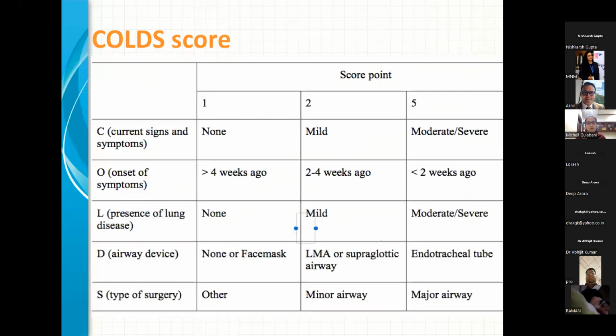This is the COLDS score for a child with URTI to whom GA has to be given, which includes the current signs and symptoms or the onset of symptoms, and L for the presence of injury. Scores are given accordingly, and this helps to ascertain all the risk factors, though it does not actually give a cutoff by which we can ascertain whether anesthesia should be given or not, but includes all the important risk predictors.